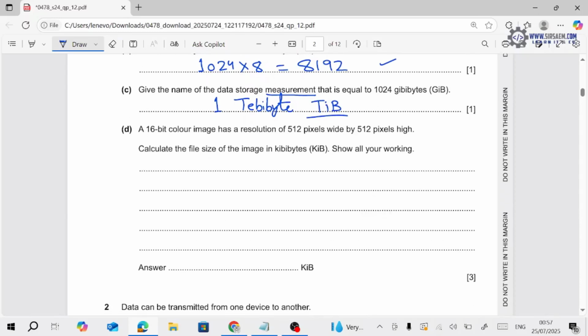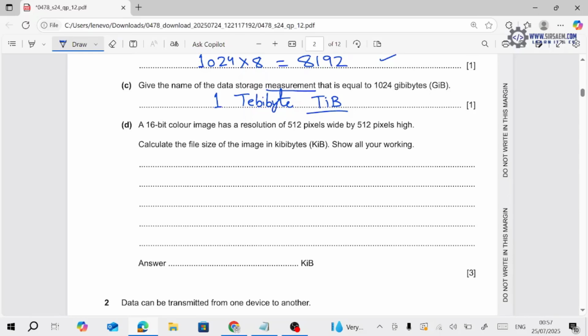A 16 color image has a resolution of 512 pixels width, and 512 is also the height. Calculate the file size of the image in kilobytes showing your working. So first of all, what we need to do is calculate the total number of pixels.